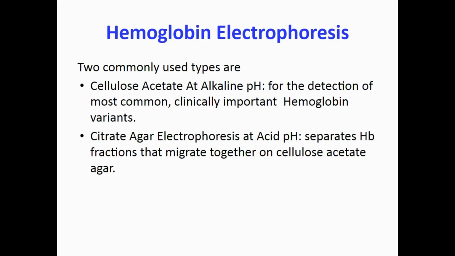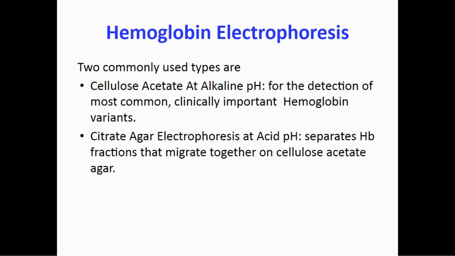Citrate agar electrophoresis basically separates hemoglobin fractions that migrate together on cellulose acetate agar. All hemoglobin specimens that show an abnormal electrophoretic pattern in an alkaline media, that is the cellulose acetate, should undergo citrate agar electrophoresis.